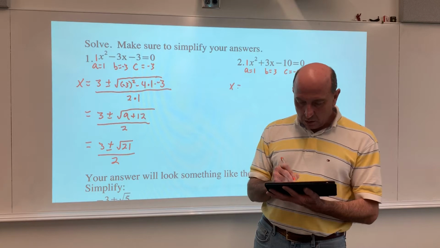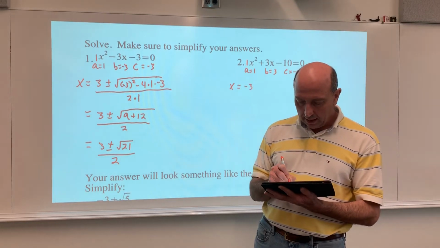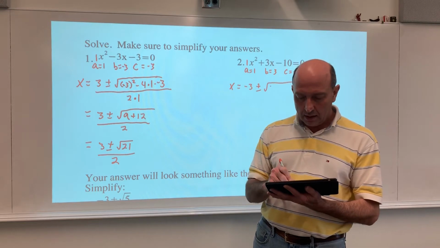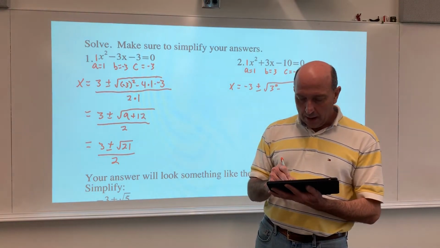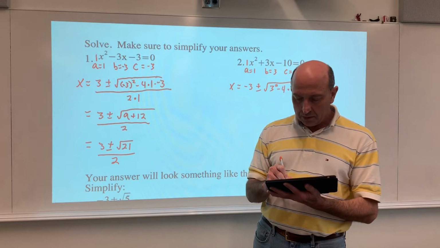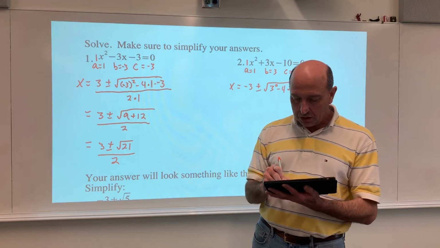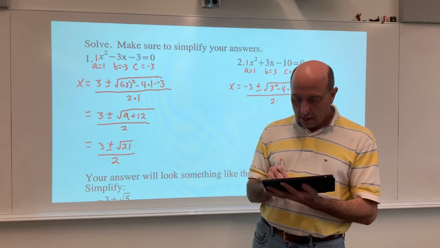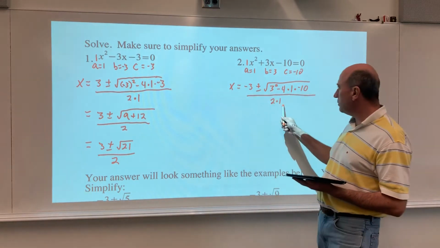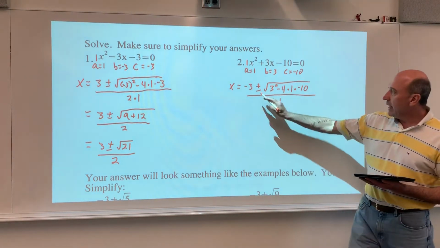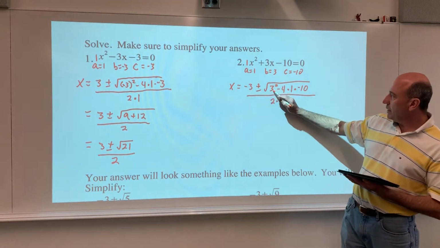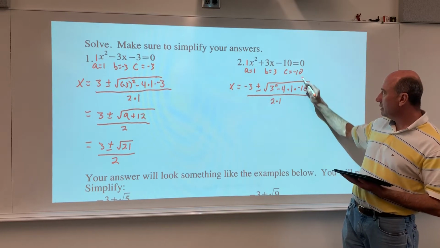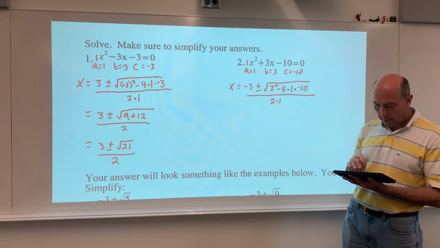Now, x equals negative B, negative 3, plus or minus the square root of B squared minus 4 times A times C all over 2A. 2 times 1. Negative B plus or minus the square root of B squared minus 4 times A times C. C is negative 10, all over 2A.